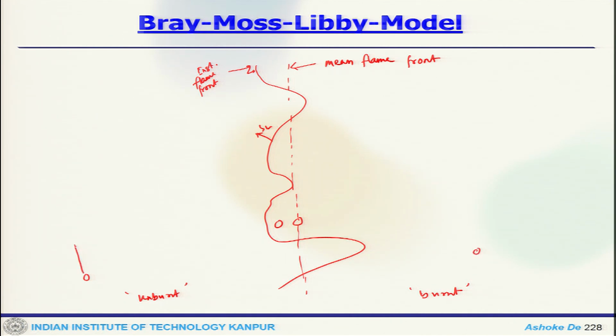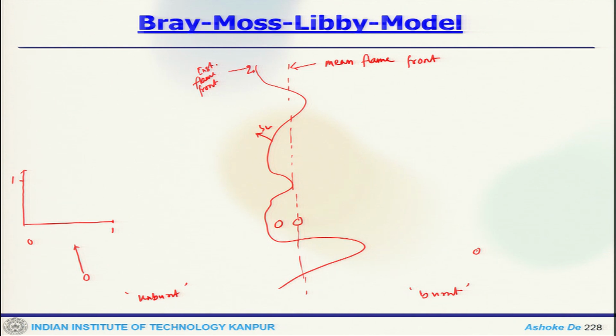Now, this state, if you look at the C, this would go between 1 and 0. So, this is 1, this is how it behaves.